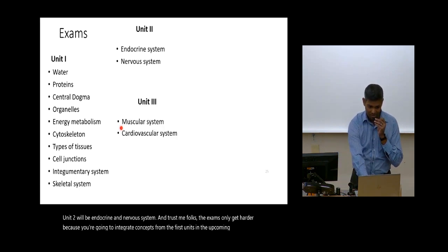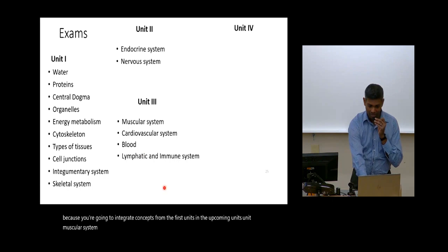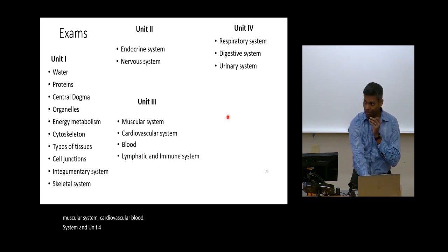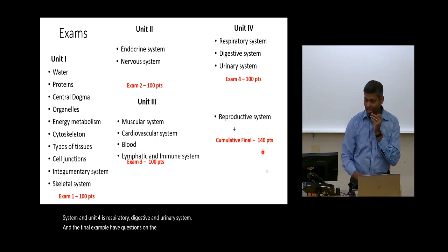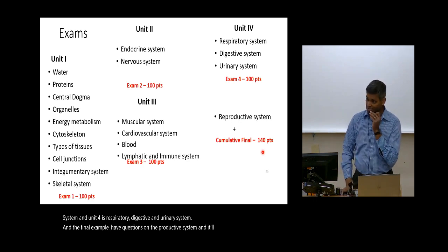Unit 3 is the muscular system, cardiovascular, blood, lymphatic and immune system, and Unit 4 is the respiratory, digestive and urinary system. And the final exam will have questions on the reproductive system, and it will be cumulative as well, right?